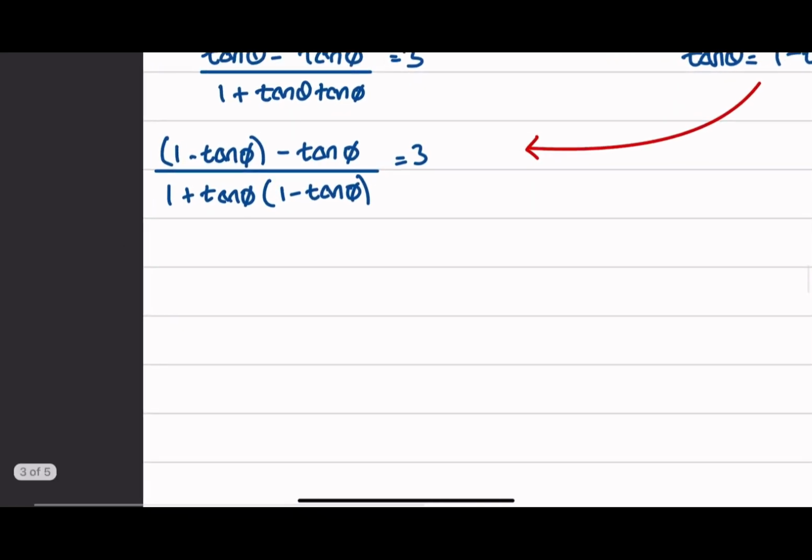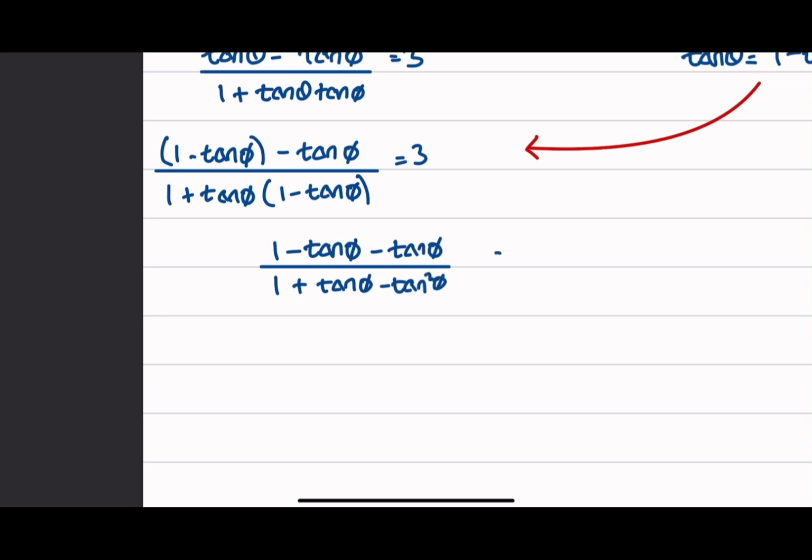Simplify this and open the brackets, so we're left with 1 minus tan phi minus tan phi over 1 plus tan phi minus tan squared phi equals 3.